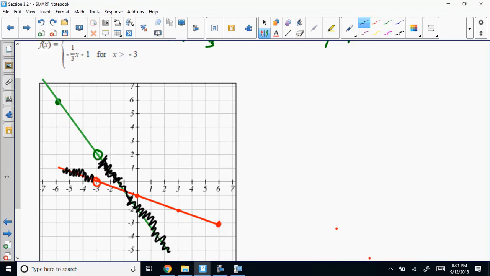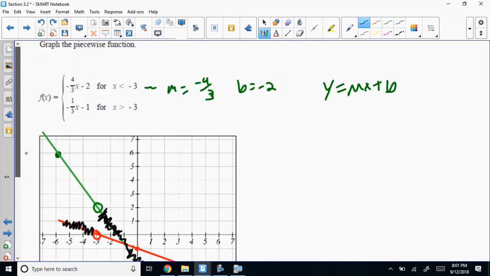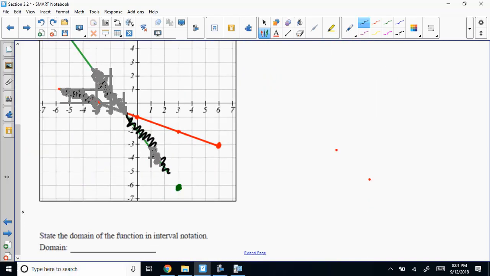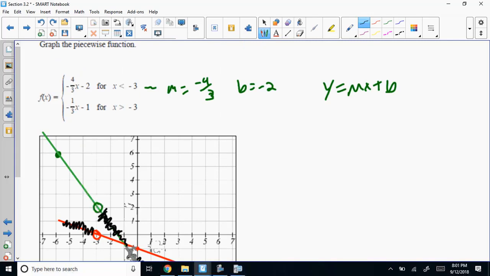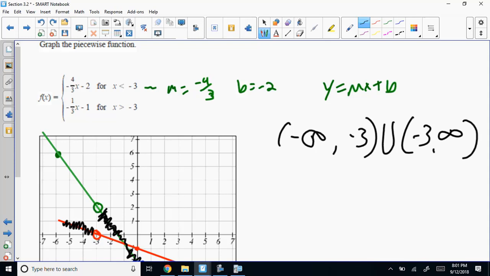Yeah, I can. Wait, what does it ask? Oh, state the domain. What would be the domain on this one? Since it asked, it would be what? Wouldn't it be that?